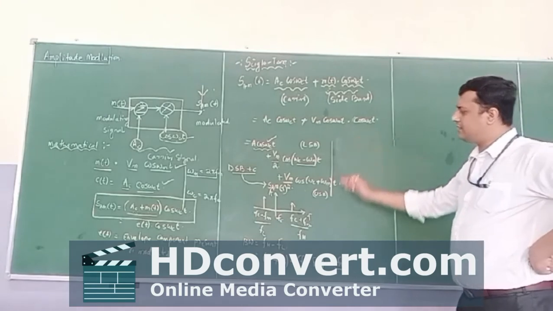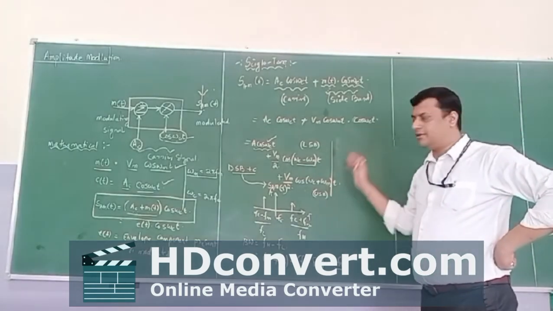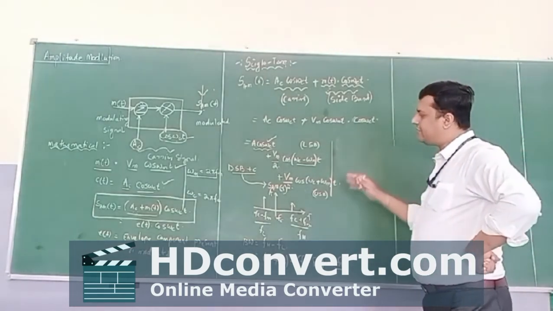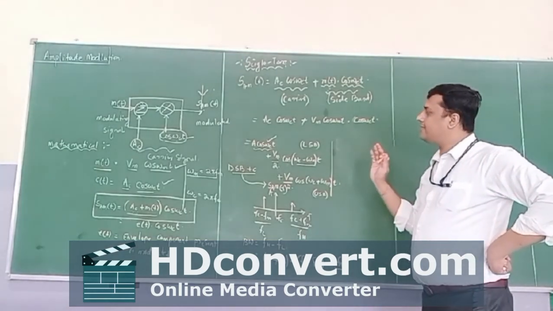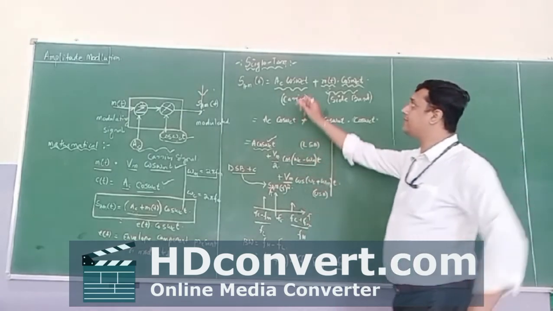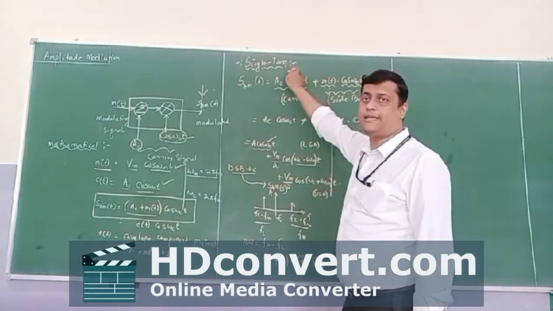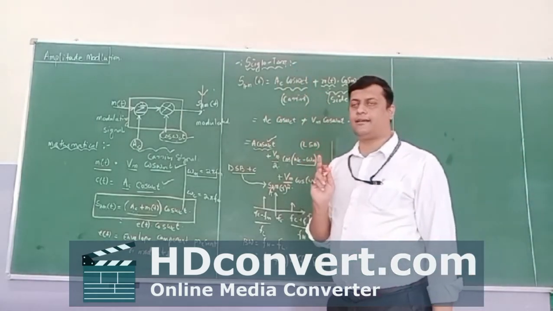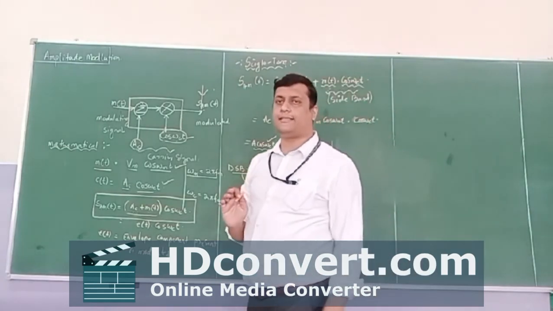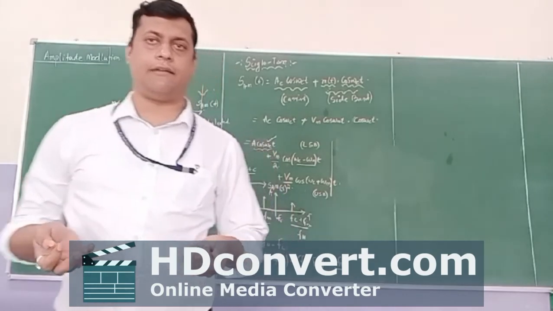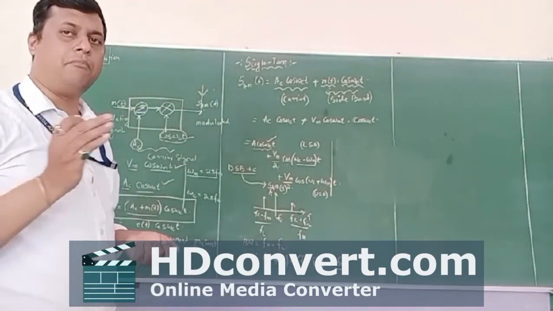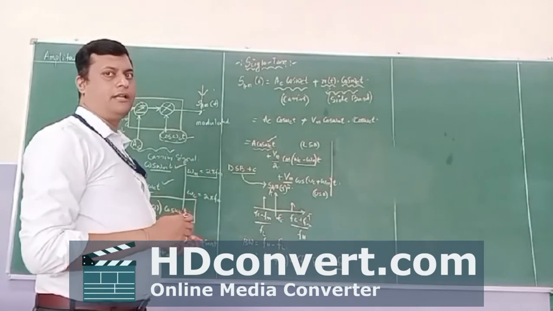Up to this it is a general representation of a DSB with carrier, that is called an AM signal, and that too a single tone. Single tone means only one modulating frequency is available. If more than one modulating signal is available, it is a multi-tone signal, and for that also we will represent.